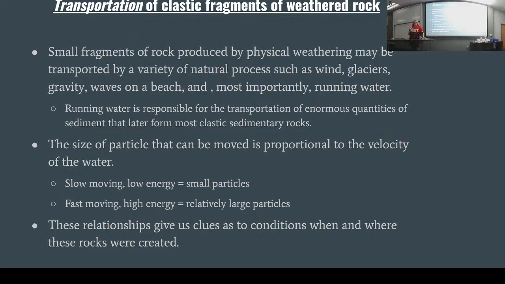All right, so we go from 2 millimeters with gravel, and then the next step down is sand, which goes from 2 millimeters to 0.05 millimeters. The next step down is silt, and this is where you can kind of feel it. It feels like flour.